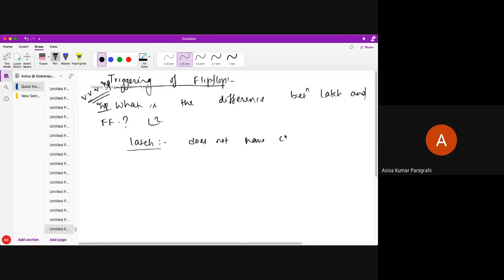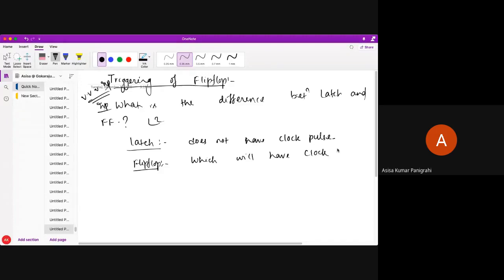If the input changes, the output will change accordingly. But a flip-flop is also a basic memory element which has a clock pulse.